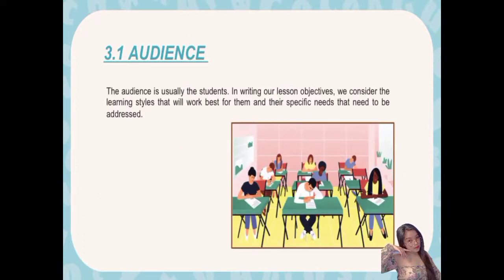Audience. The audience is usually the students. In writing our lesson objectives, we consider the learning styles that will work best for them and their specific needs that need to be addressed. To begin, determine what past knowledge your student has. Check if any of the resources you wish to give are familiar to your students.